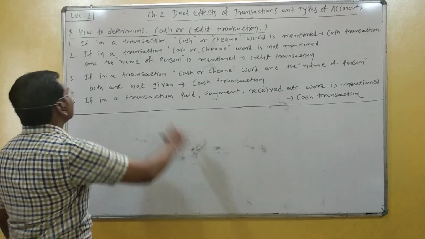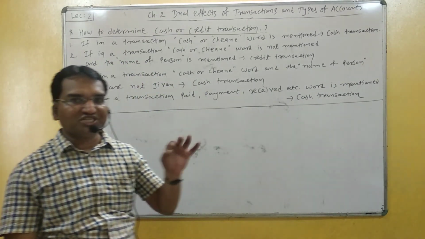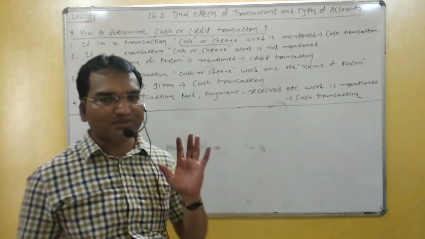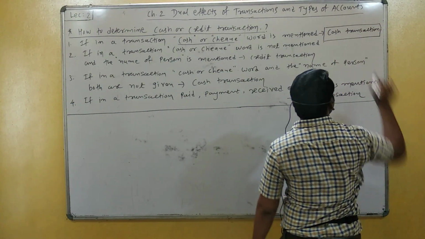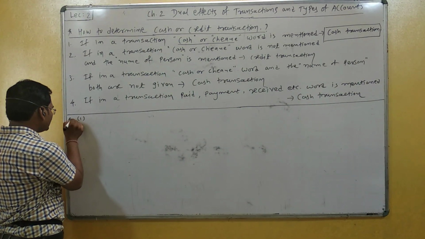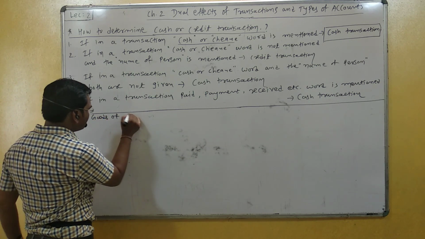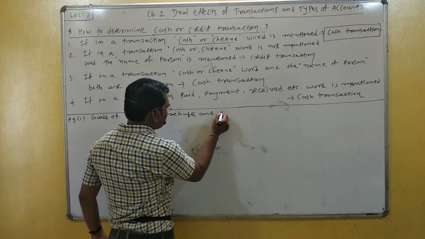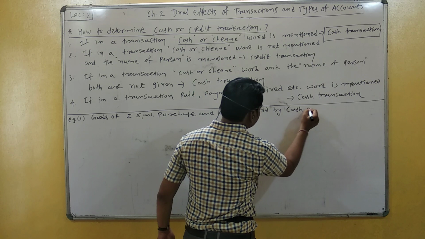First key: if in a transaction the word cash or check is mentioned, this transaction is treated as a cash transaction. For example, goods of rupees 5,000 purchased and amount paid by cash.